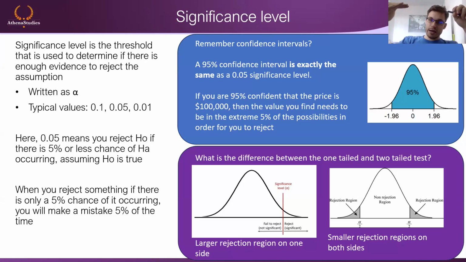The idea is that as significance levels become lower and lower, you are more sure of the results that you're getting. So in the case of a significance level of 0.01, you are more sure than in the case where you got a significance level of 0.05.